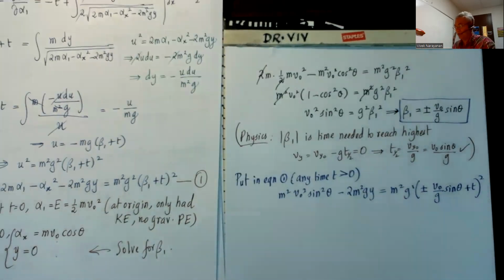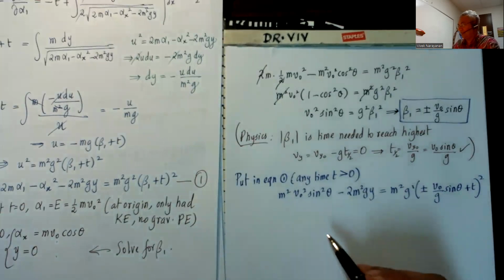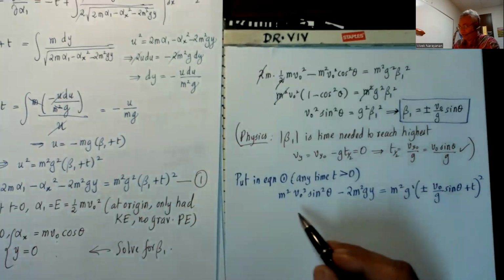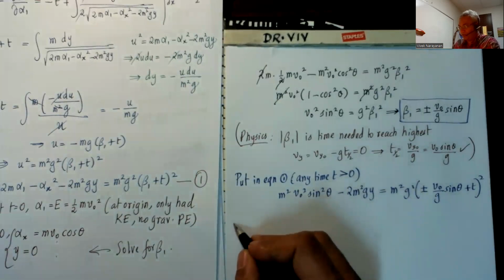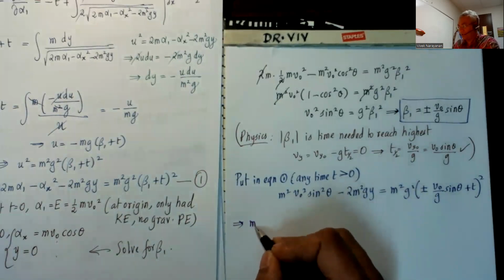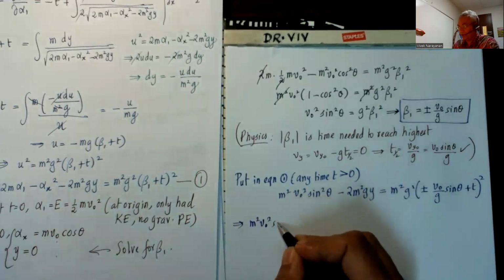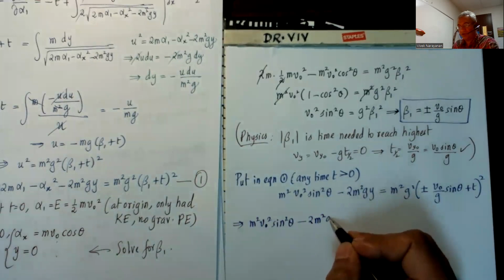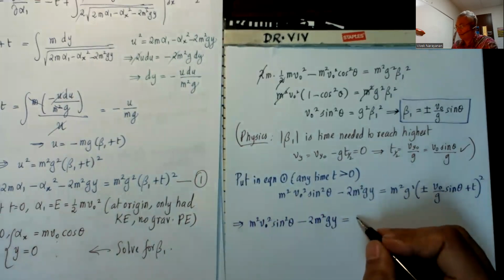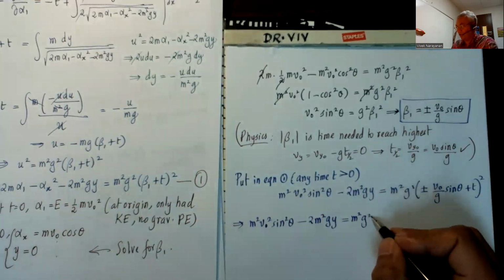Can this be made any prettier? The answer is yes. I can sort of see cancellations happening if I bother to unwrap the square root. So let me do that next. So I get m squared v naught squared sine squared theta minus 2m squared gy is equal to m squared g squared over here.